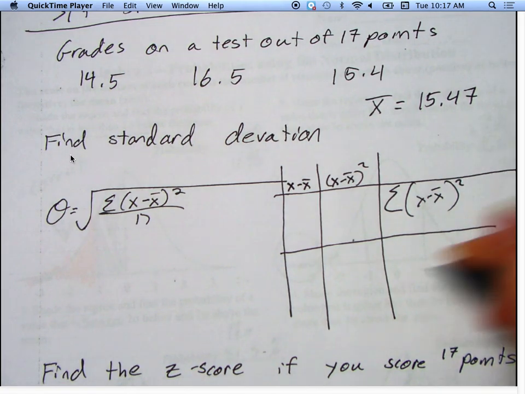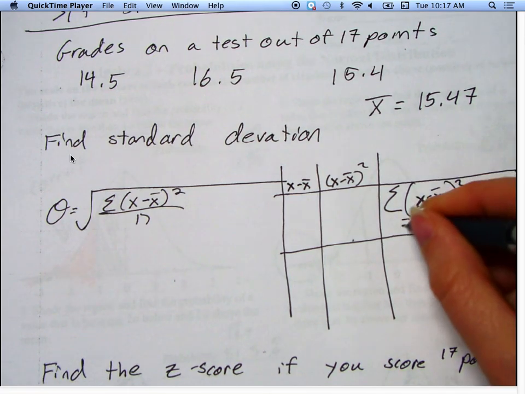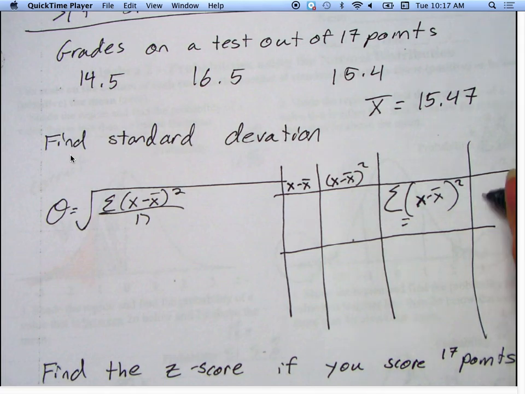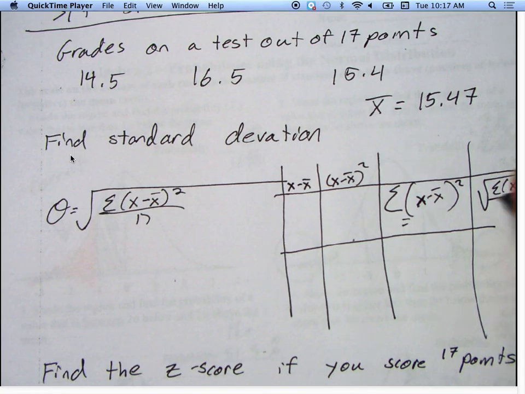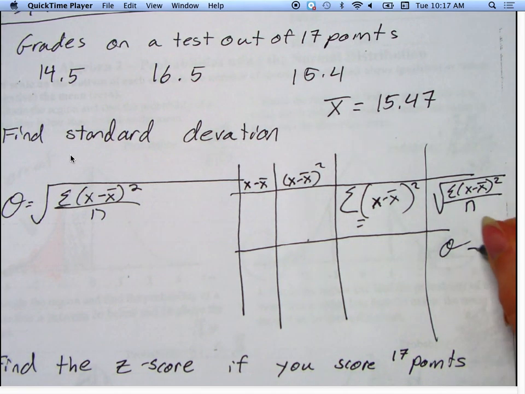So it's just one number. I'm just adding them all together. That's what summation means. And then next, I am going to take that answer, divide it by the number of terms, and square root it. And that's going to give me my standard deviation.